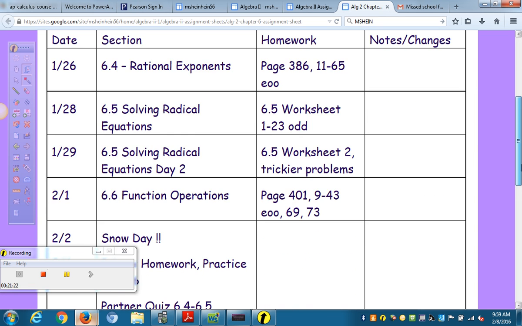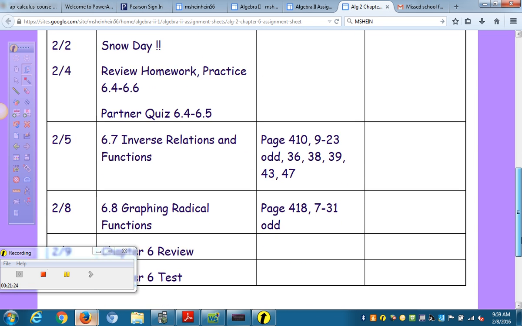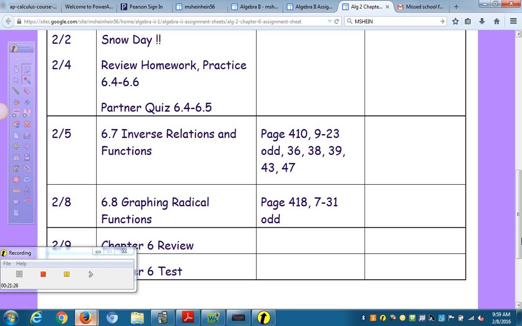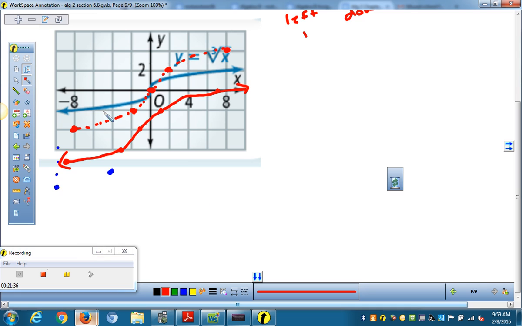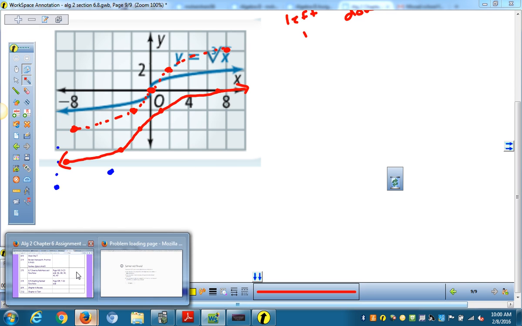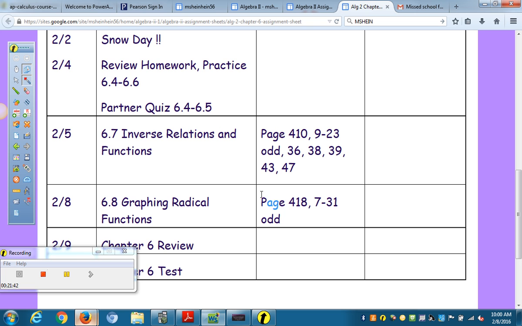All right, so homework for today, 6-8. You're doing page 418, 7 through 31 odd. Got it. 418, 7 through 31 odd.